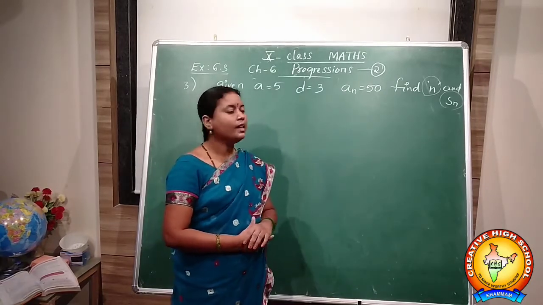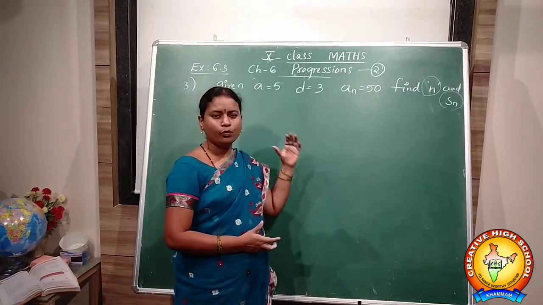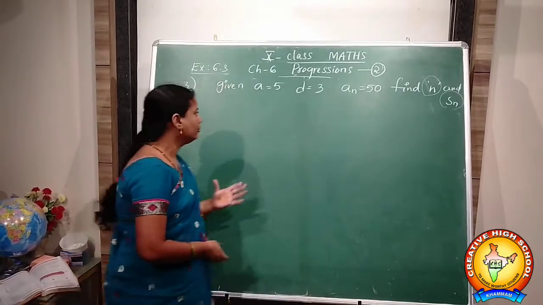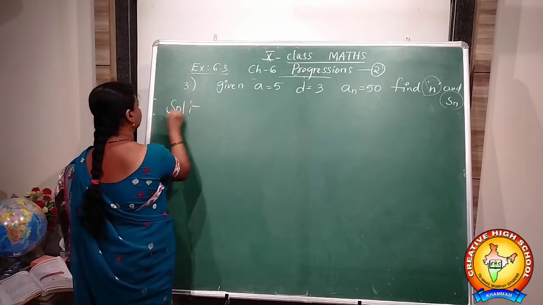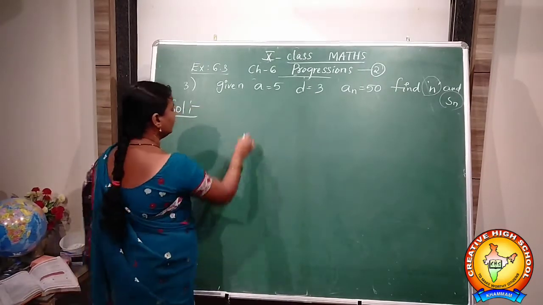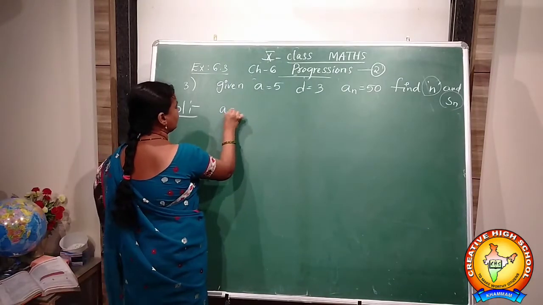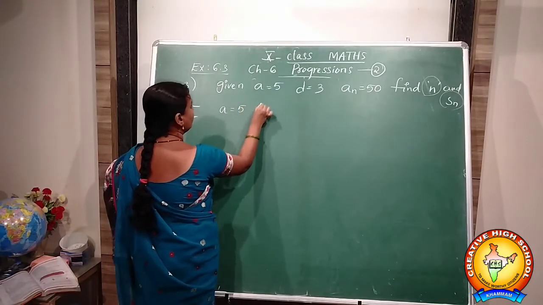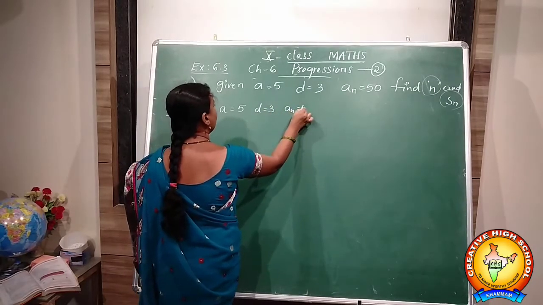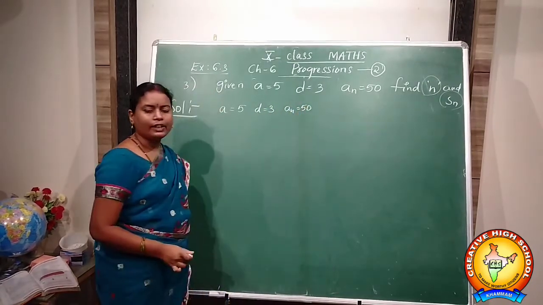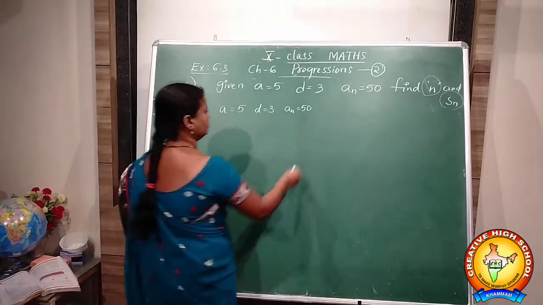So first let us find the n value from the above information. What is given first? a is equal to 5, d is equal to 3 and an is equal to 50.